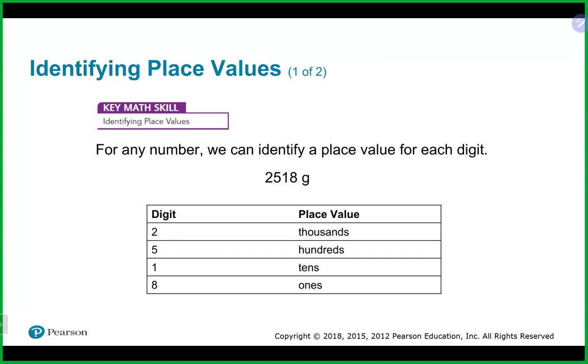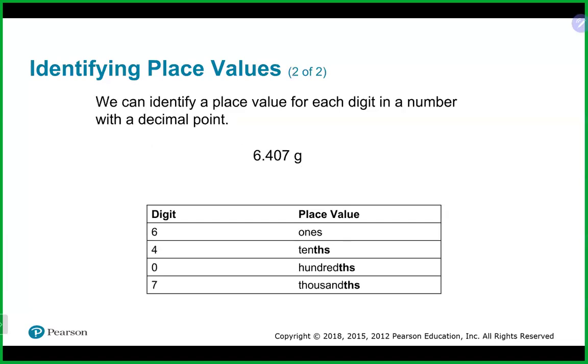So for example, here, this number here, right, the 2 is the thousandths place, the 5 is the hundredths place, the 1 is the tenths place, and the 8 is the ones place. Here we have the ones place with the 6, the tenths, which is the 4, the hundredths and thousandths place, which is our decimals there.